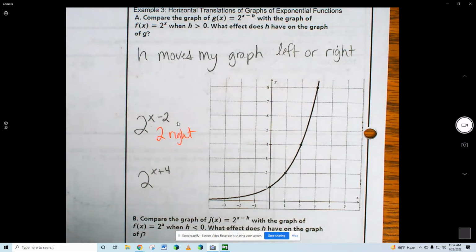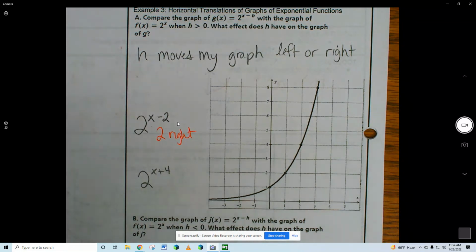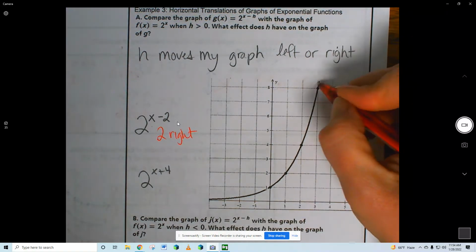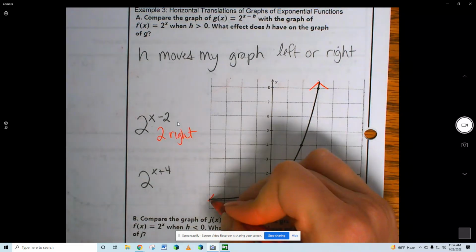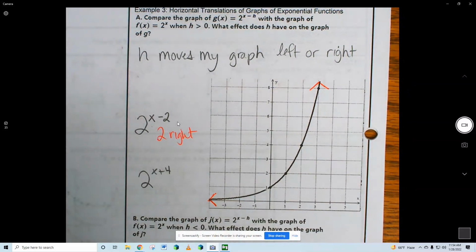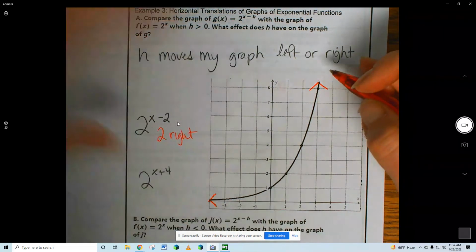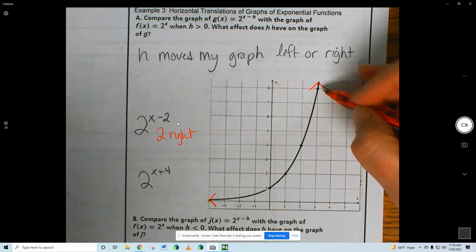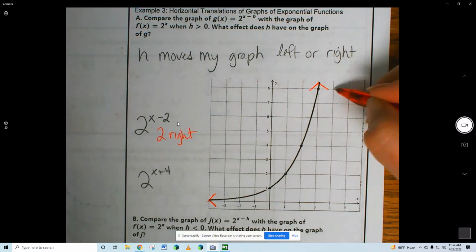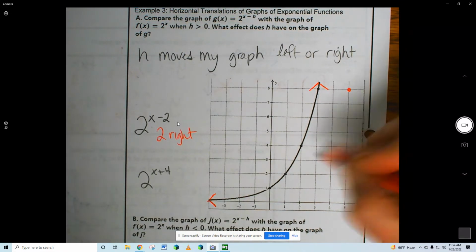So I'm now not going to make a table of values. I just want you to count boxes. Every ordered pair that you see in my parent function, which by the way should have arrows at the end, I want you to count just 2 to the right. So every single point that you see, count 2 boxes over and make a new point. I'll do mine in red.